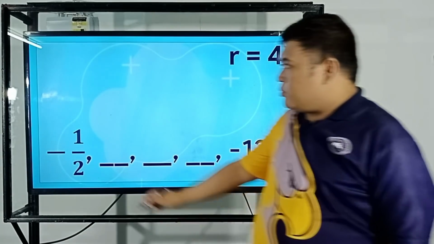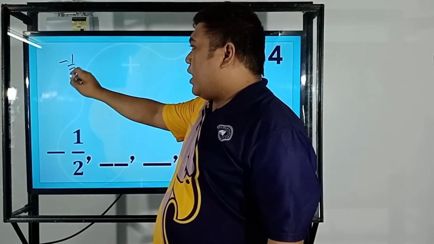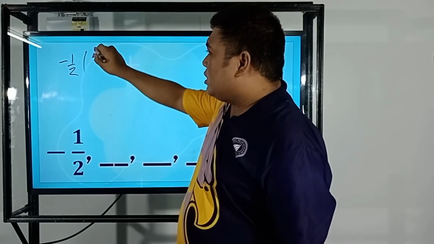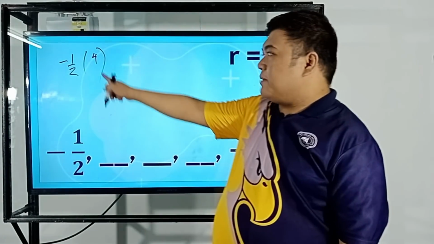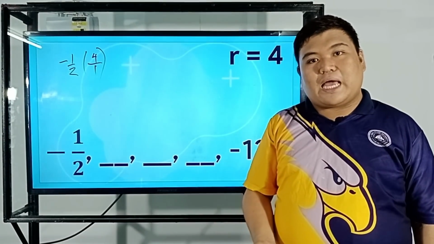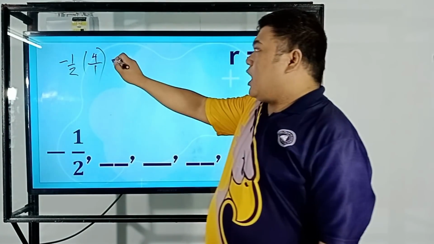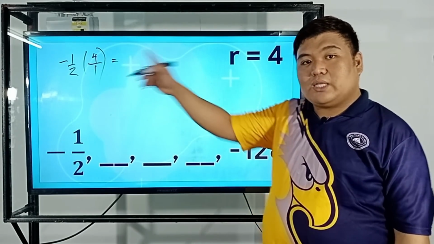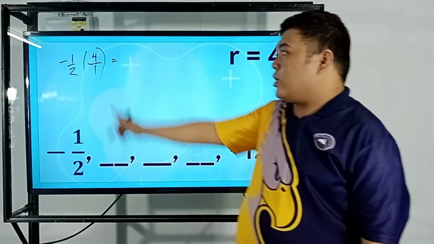Positive 4 first. So we will have negative 1/2, that is the first term, times the common ratio, 4. Okay, we are multiplying fractions. We know that all whole numbers have an imaginary denominator of 1. And when we are multiplying fractions, numerator to numerator, denominator to denominator.